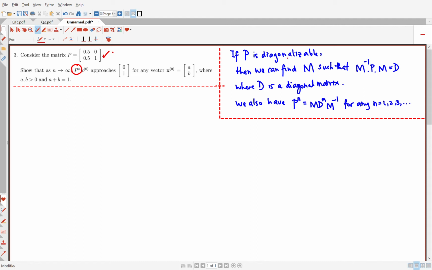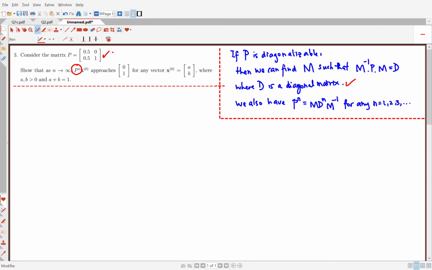It says that if P is diagonalizable, and that is just what diagonalizable means, we can find M such that M inverse PM is equal to D, where D is a diagonal matrix.